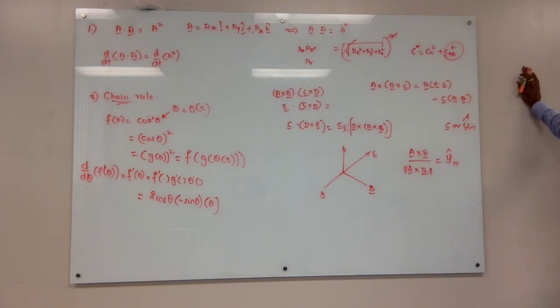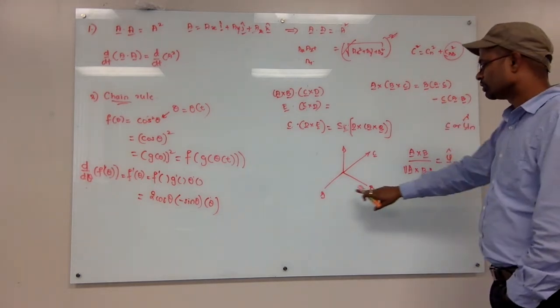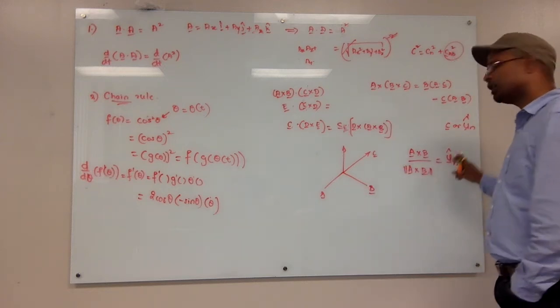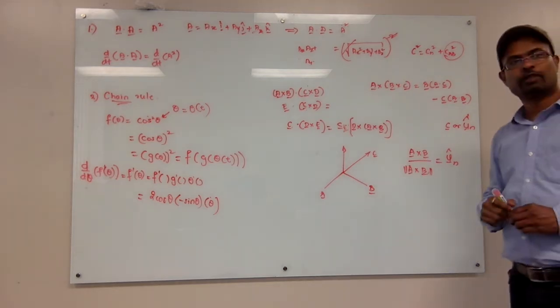If you take the cross product of any two vectors, for example A and B, can A, B and that cross product be coplanar? What do you mean when you say coplanar? In the same plane.